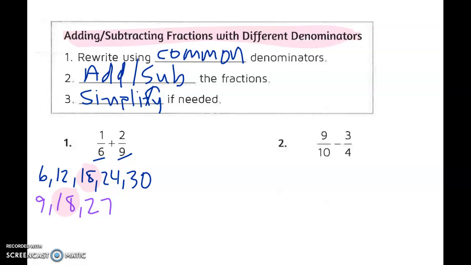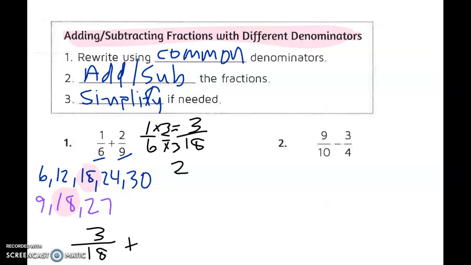So now we have to rewrite each one with an 18 as the denominator. If you take 1/6 and we want that to have a denominator of 18, well, what did we do to 6 to get to 18? We multiplied it by 3, which means we have to multiply the 1 by 3, and we're going to get 3/18. So I'm going to rewrite that down here, 3/18. And then let's go ahead and do 2/9, change it.